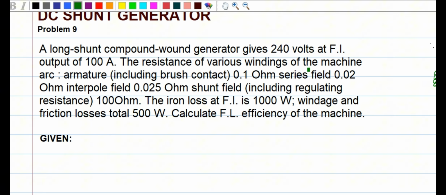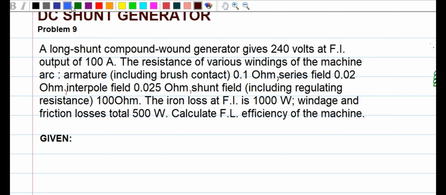The resistances of various windings of the machine are: armature including brushes contact 0.1 ohm, series field 0.02 ohm, interpole field 0.025 ohm, shunt field 100 ohm. The iron loss at full load is 1000 watts, windage and friction losses total 500 watts. Calculate the full load efficiency of the machine.